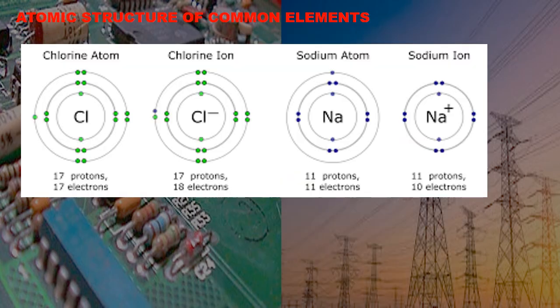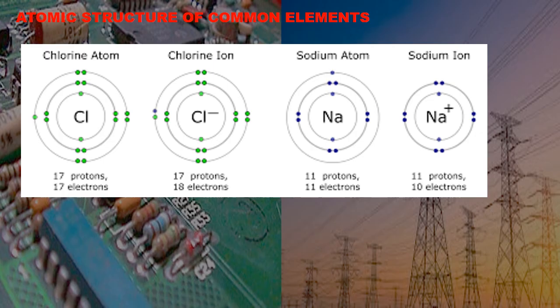Okay, these are some structures of common elements. We have the chlorine atom, the chlorine ion, the sodium atom, and the sodium ion. So an ion is when an element loses or gains an electron, that's when it becomes an ion.